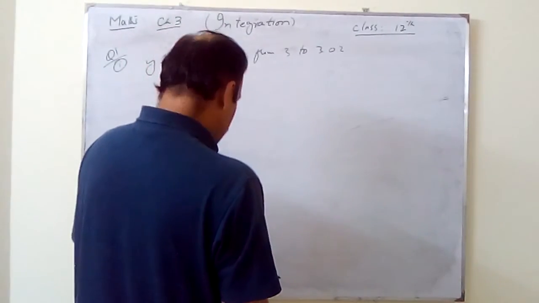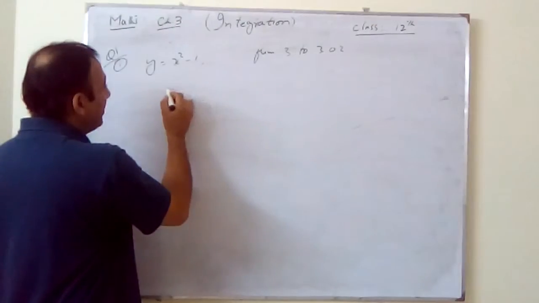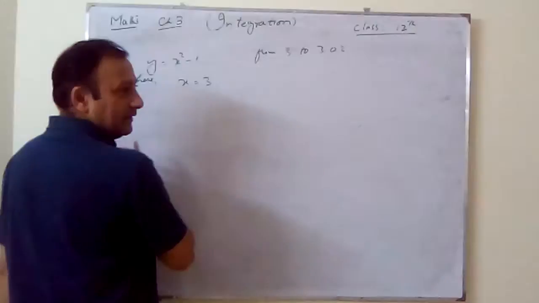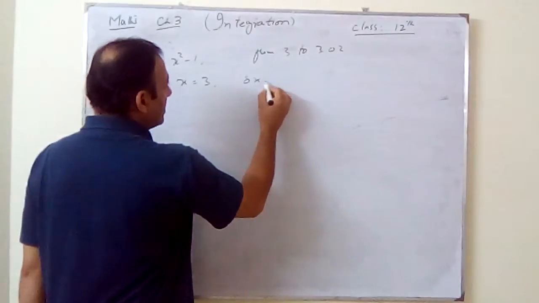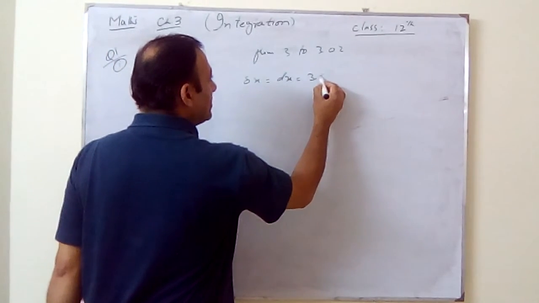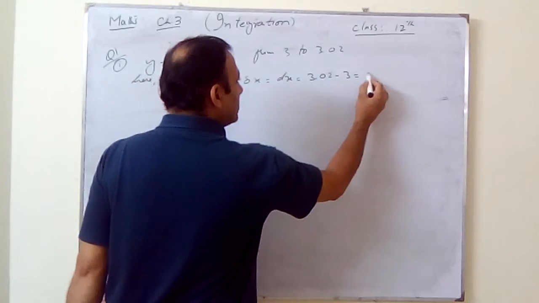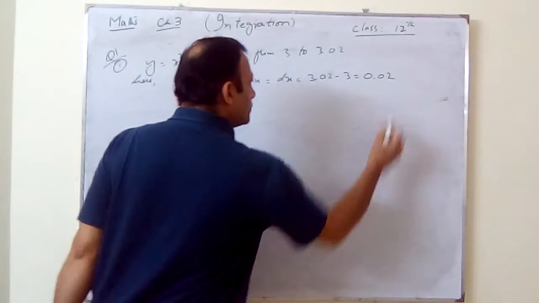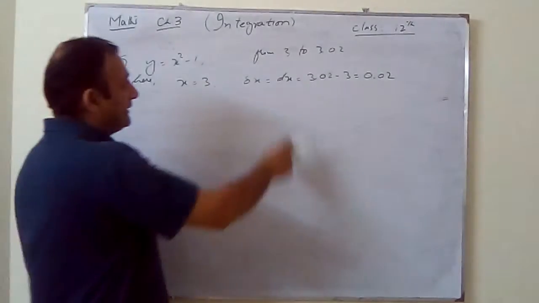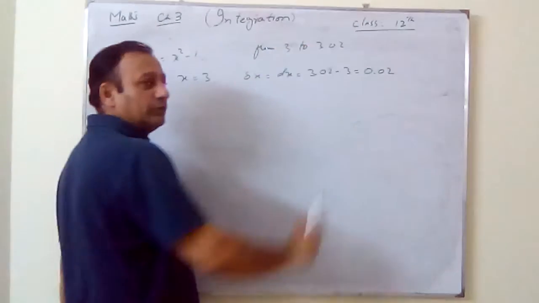From 3 to 3.02, it means that here x is equal to 3 and delta x or dx is 3.02 minus 3, that is 0.02. This is the change in x.